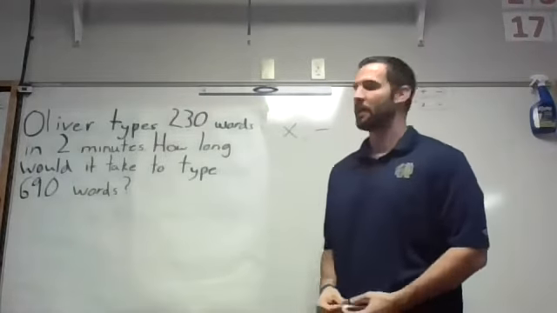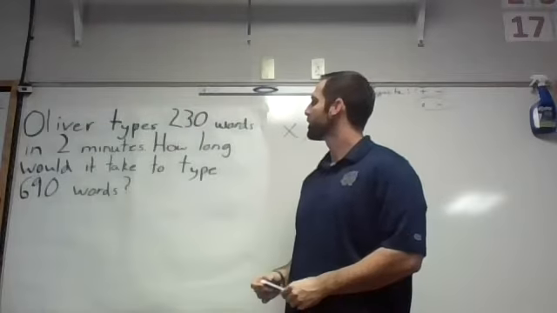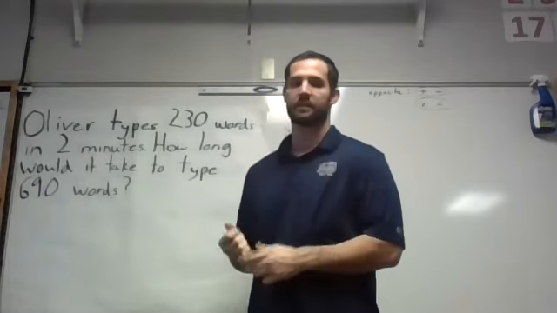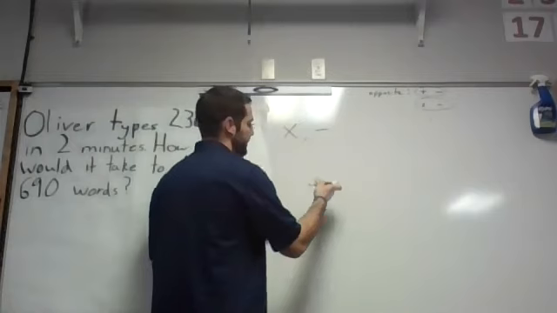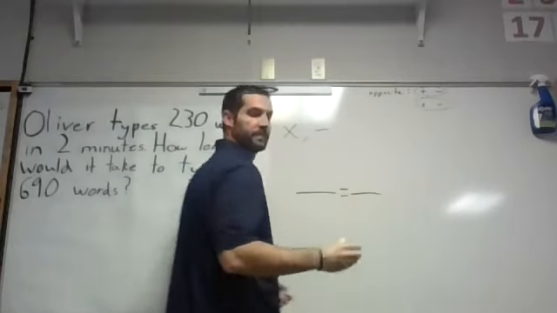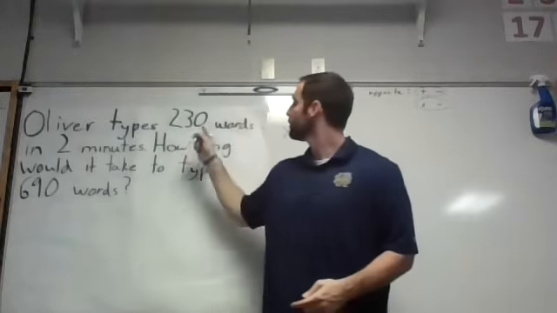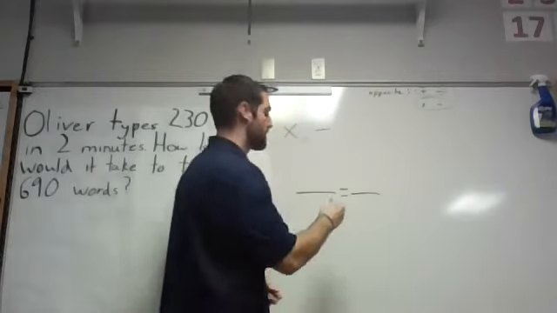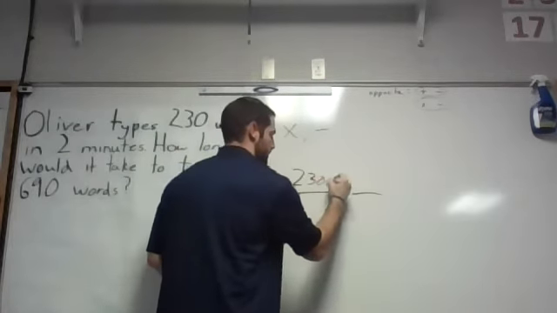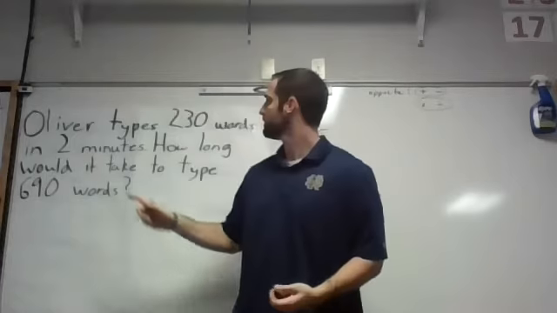Next problem. Oliver types 230 words in 2 minutes. How long would it take to type 690 words? Again, equivalent fractions. Look for our first clue. 230 words. Our next clue, how long did it take?